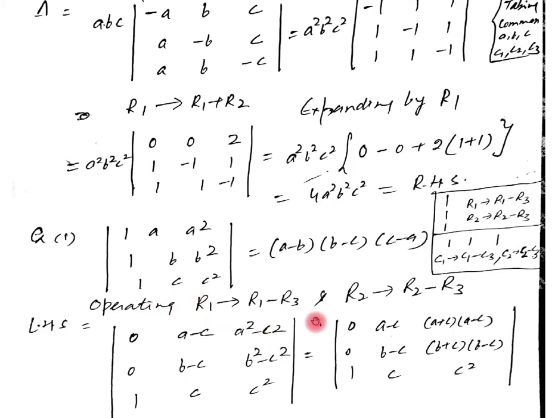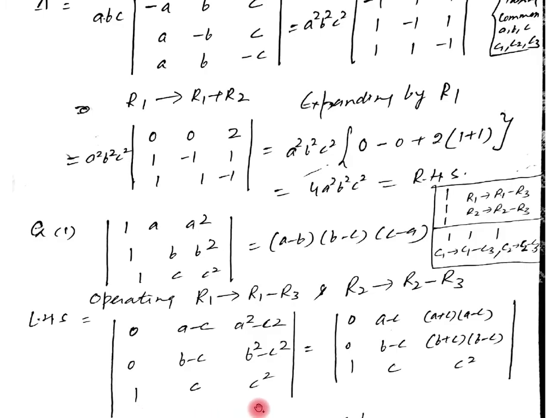Similarly when operating R2 to R2 minus R3, the corresponding elements will be subtracted: 1 minus 1, 0; B minus C; then B square minus C square. And the third row will remain as it is.